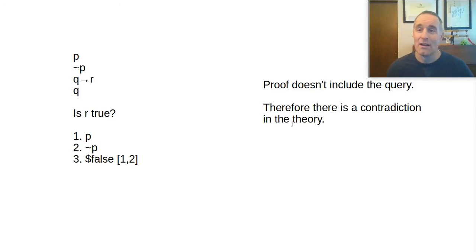Because from a false statement, I should be able to conclude anything. So if I have this contradiction, that allows me to conclude false, which in turn allows me, in theory, to conclude anything else. But in practice, modern theorem provers give you a proof. You look for the query in the proof. If you don't see the query, well, then you've got a bug in your system and you need to fix it. So it's not really that big a deal.